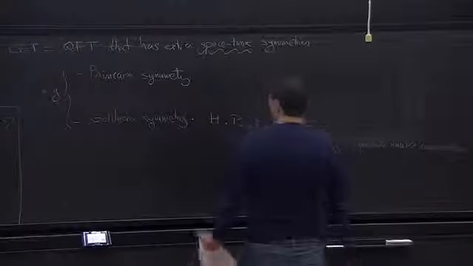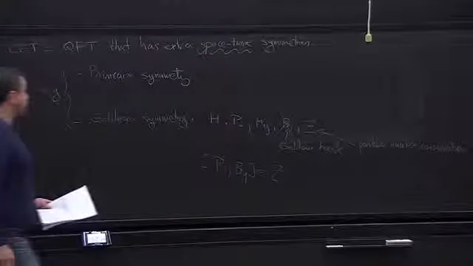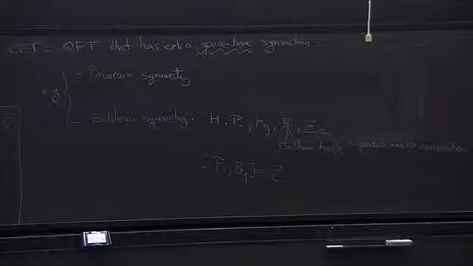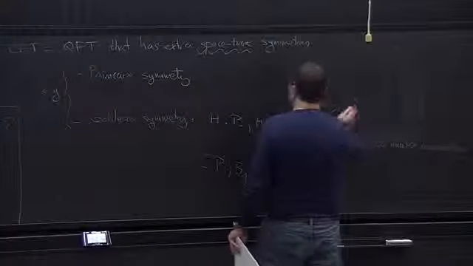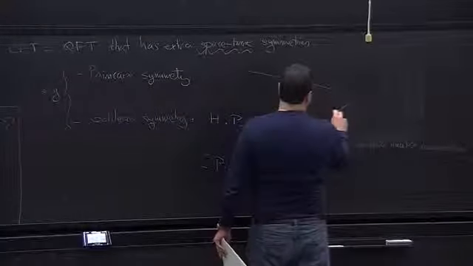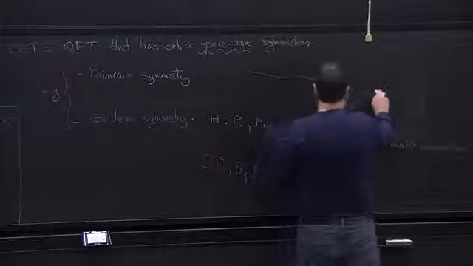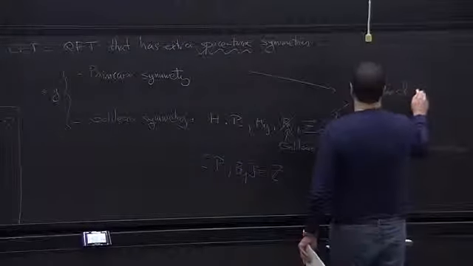So these are, in a sense, the space-time symmetries that any quantum field theory, relativistic or non-relativistic, has. A conformal symmetry is an enhancement of the space-time symmetry to a conformal symmetry. Okay.